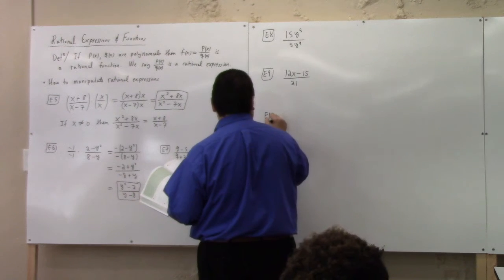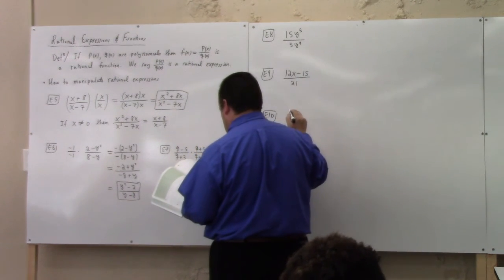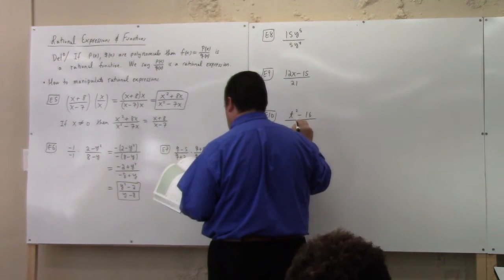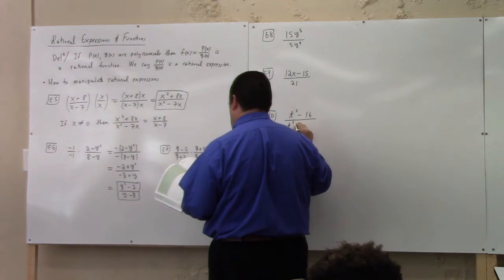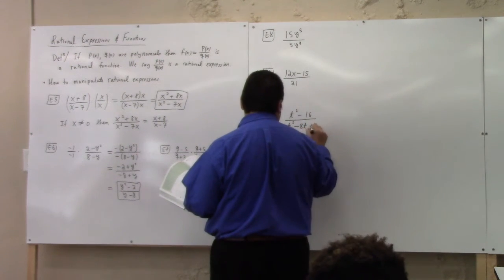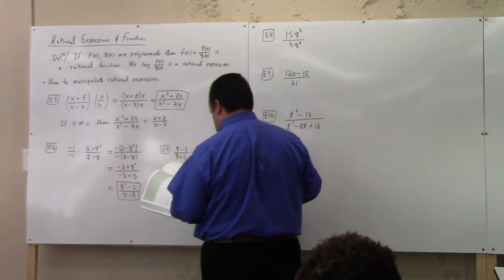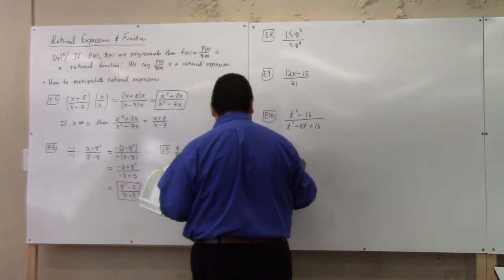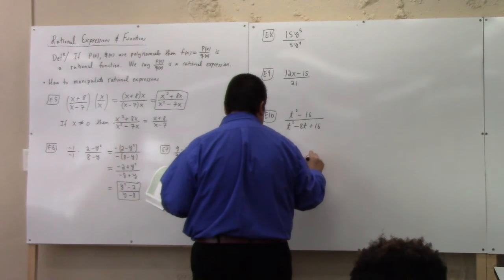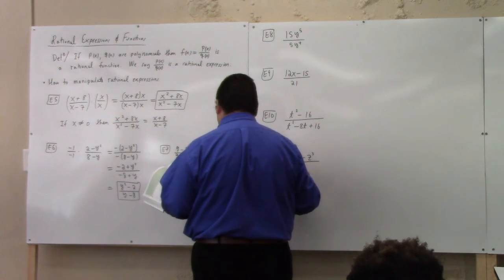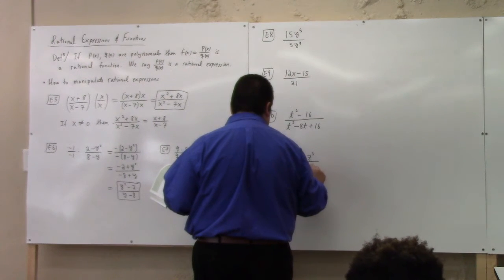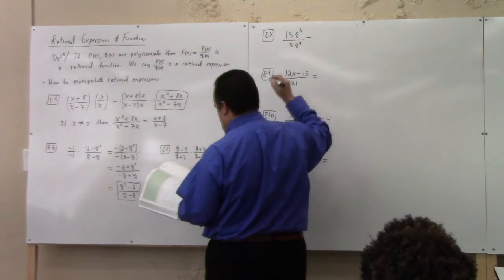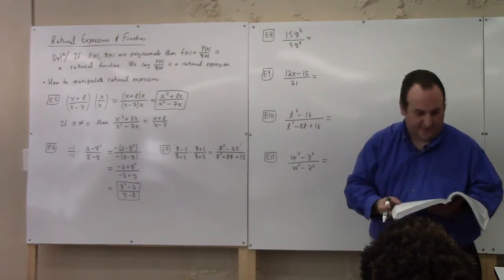Example 10, we'll look at t squared minus 16 divided by t squared minus 8t plus 16. Example 11, we will look at w cubed minus z cubed divided by w squared minus z squared. So in every one of these, our goal is to simplify.